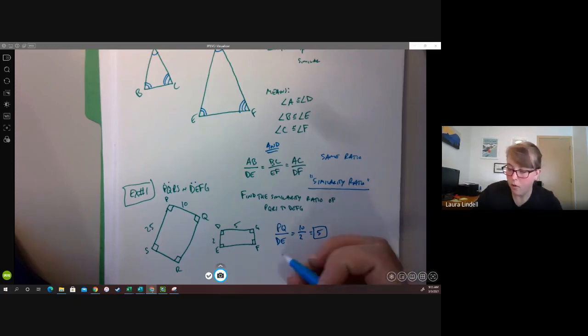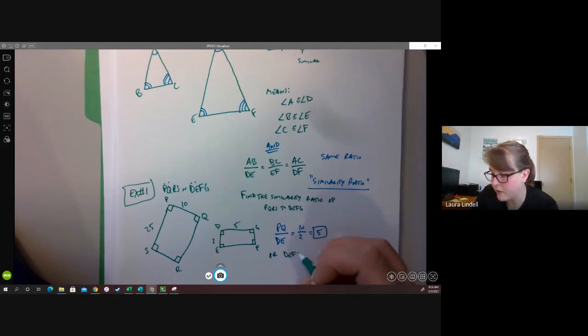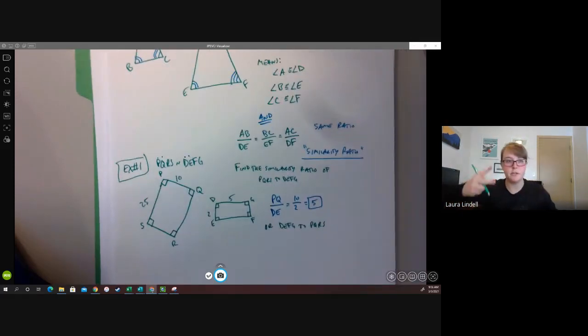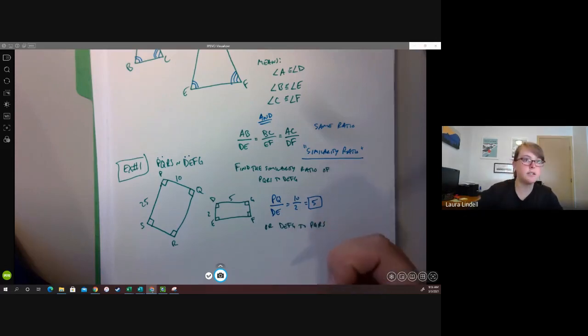Okay. Or we could also be asked for the similarity ratio of DEFG to PQRS. And that would be different just because DEFG coming first means that the side from DEFG has to go on top.